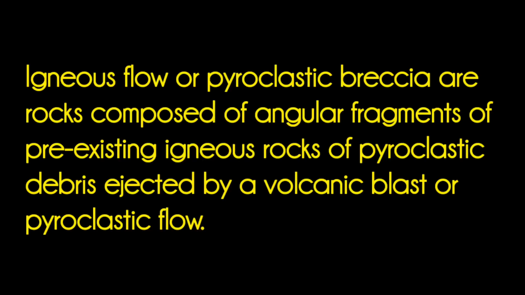Tectonic breccia zones are represented by rubble or shattered or crushed rock masses. Igneous flow or pyroclastic breccia are rocks composed of angular fragments of pre-existing igneous rocks or of pyroclastic debris ejected by a volcanic blast or pyroclastic flow.